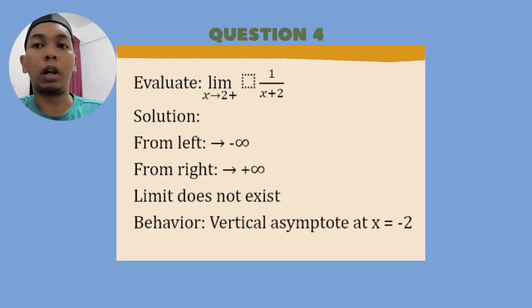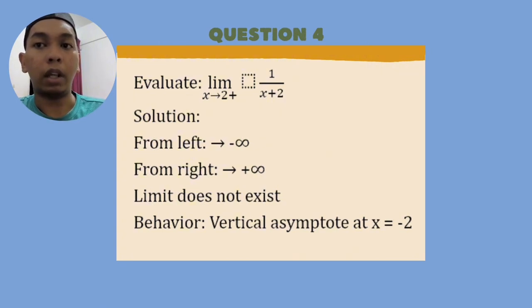So next, we move to question number 4. We are asked to evaluate the limit of 1 over (x + 2). To understand this, we need to look at the behavior of the function as x approaches negative 2. Notice that the denominator becomes 0 when x equals negative 2, which means the function has a vertical asymptote.